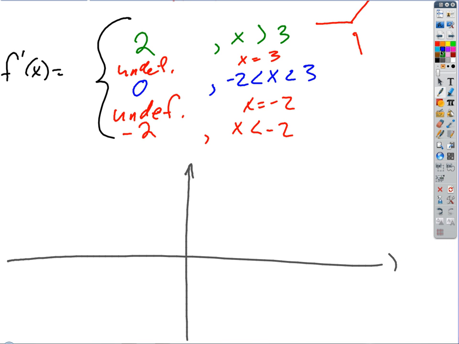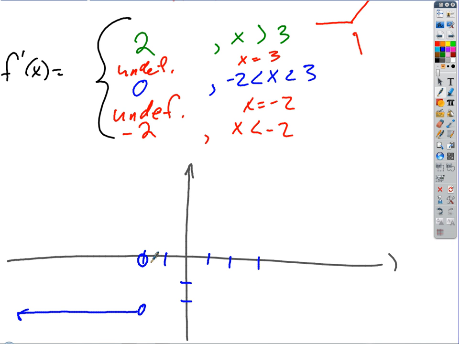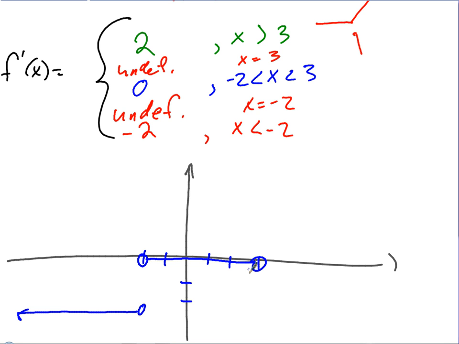Well, let's see, when x is less than negative 2, it equals negative 2. So we get something like that, right? When x is between negative 2 and positive 3, it's 0. So it looks like that. And when x is greater than 3, it's positive 2. So it looks like that. And I have to have open circles at the endpoints because the derivative is undefined there. Right? Okay.